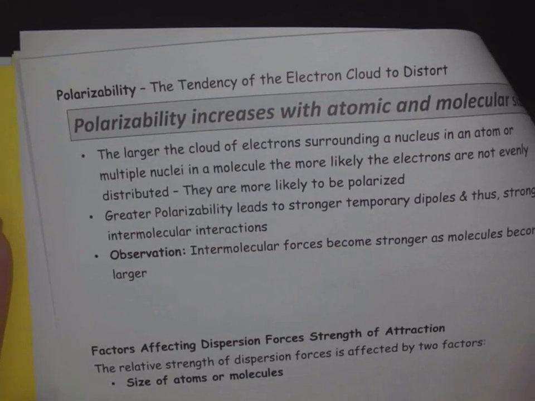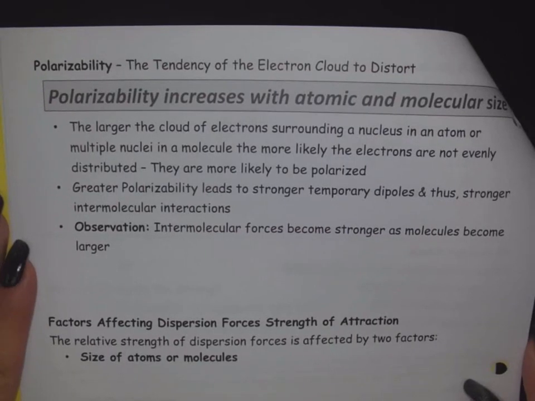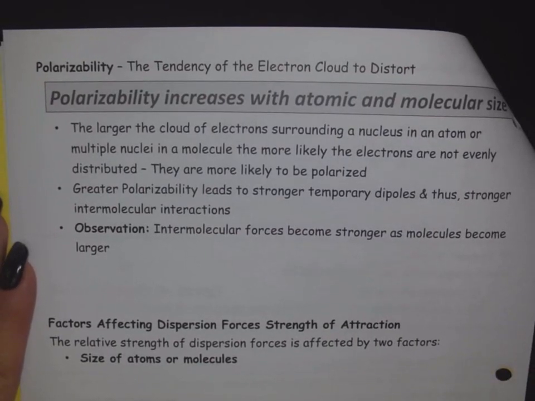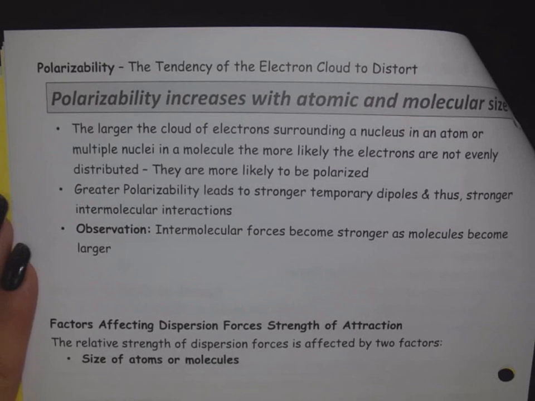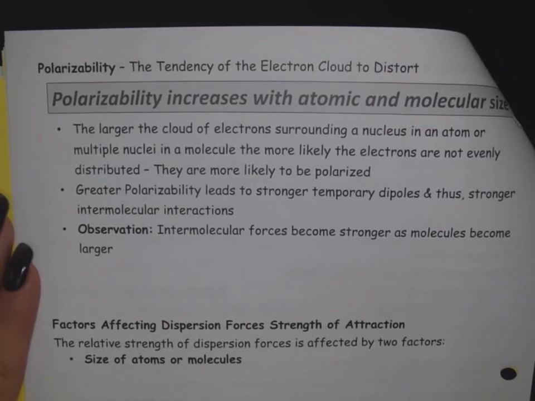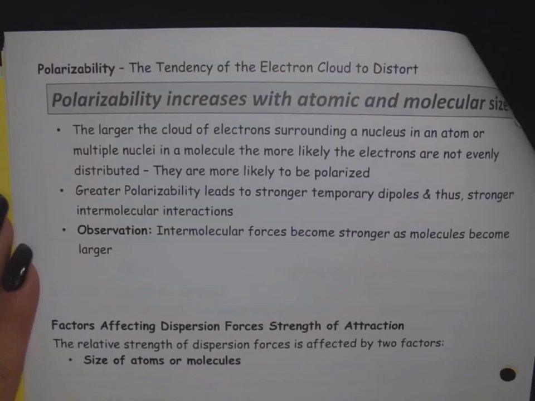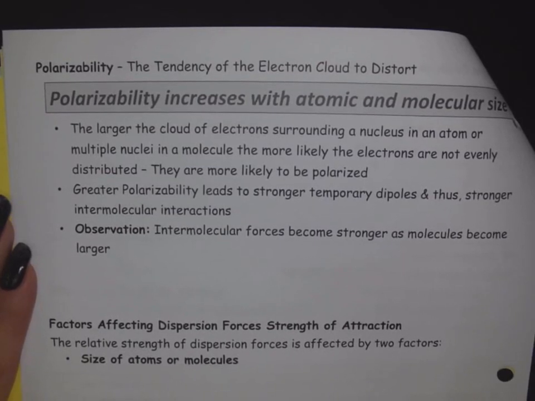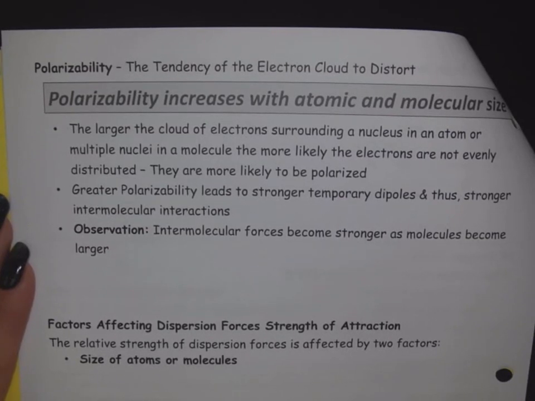First off, in general, and there are exceptions to this, and you will see exceptions on the test, the strength of IMFs, the highest strength one is hydrogen bonding, then it goes dipole-dipole, and the lowest strength one is London dispersion. But if a molecule is large enough or has a shape that's conducive, the London dispersions can get really strong, and sometimes they can even outweigh a dipole-dipole or a hydrogen bond.